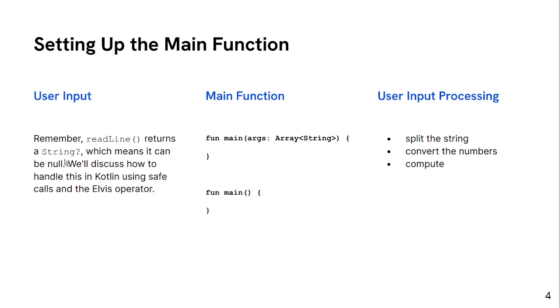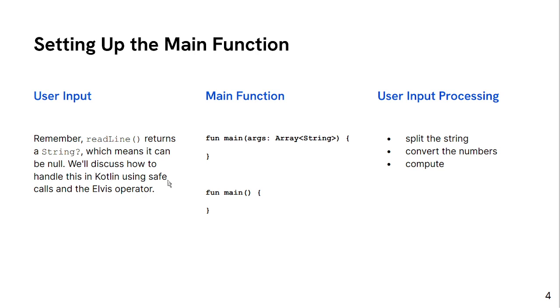For normal input, it returns a string. However, for some error cases or the end of input signal, it returns null. So it is a nullable string, which means it can be null.